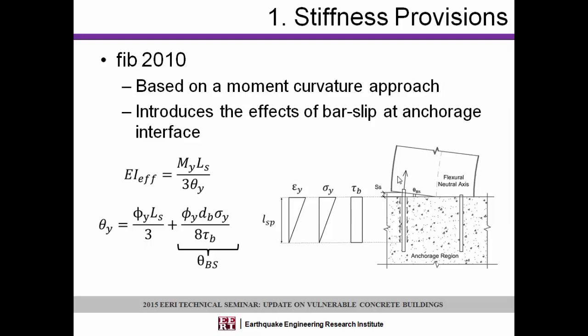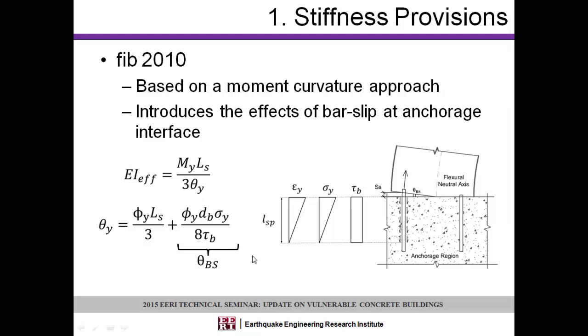So what FIB does is gives you an EI effective as a function of that rotation, which is part of the wall rotation that is just due to curvature. So if you take your moment curvature relationship, you look at your curvature at yield, which is here, that gives you that slope just straight from moment curvature. And this component here is the rotation that comes from bar slip at the base of the wall.